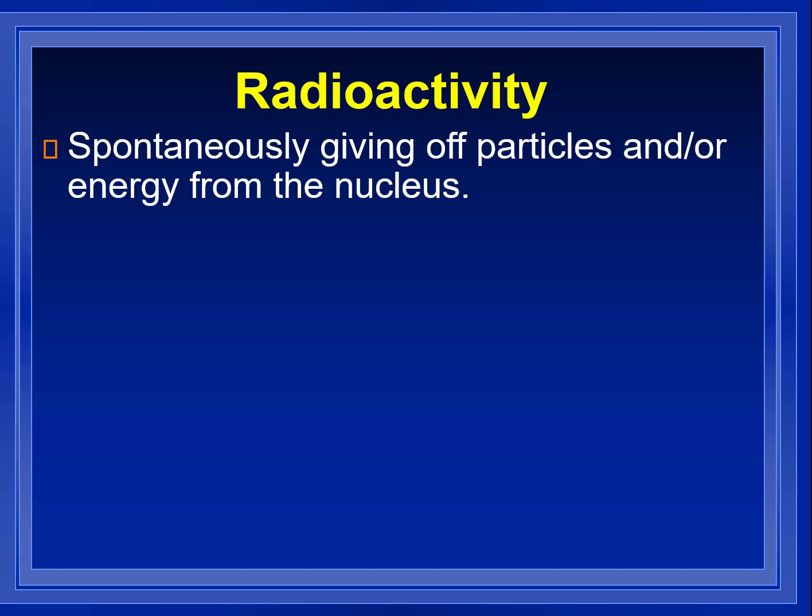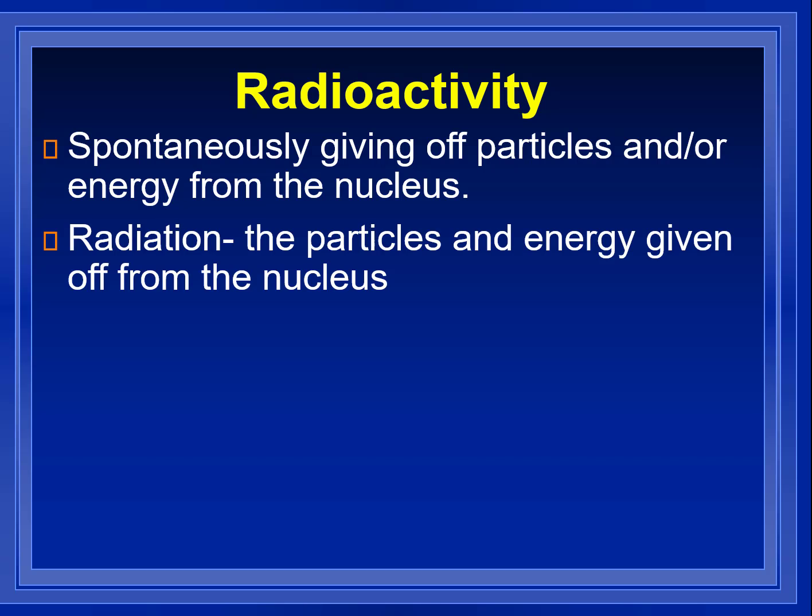When that mass gets destroyed, it's got to get rid of the energy. The energy's got to fly out of that atom somehow. It will come out as a particle or as just energy in terms of light. So that's radioactivity, that's radiation.